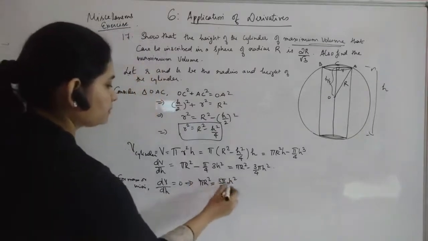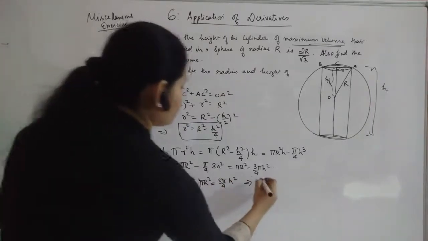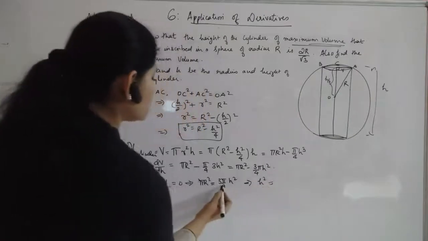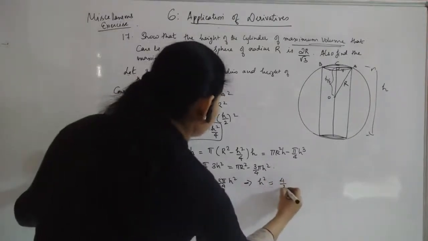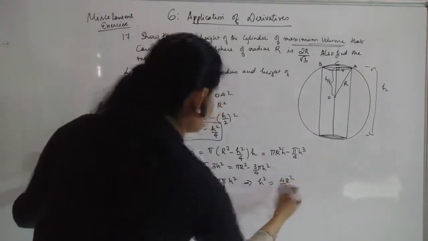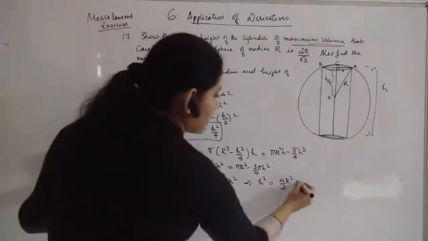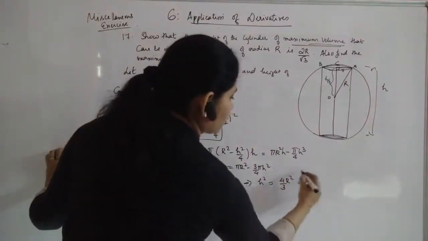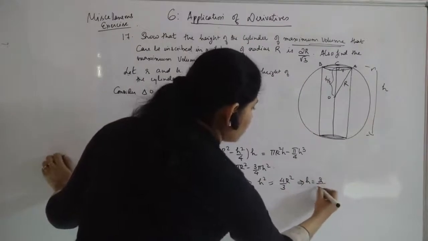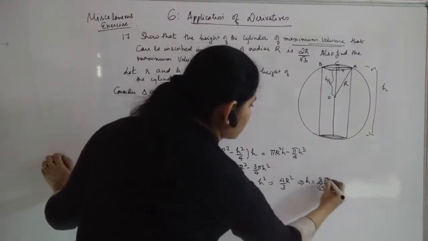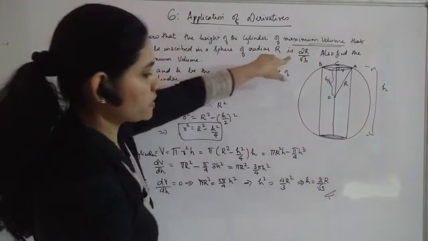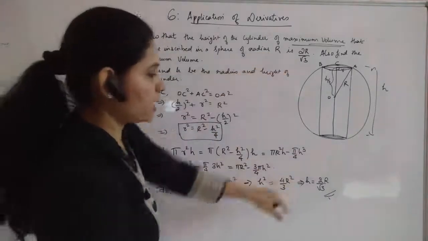Pi gets cancelled and you have to find h. So h square is equal to 4 by 3 r square, and taking the root, h is equal to 2r by root 3. So h you have got.